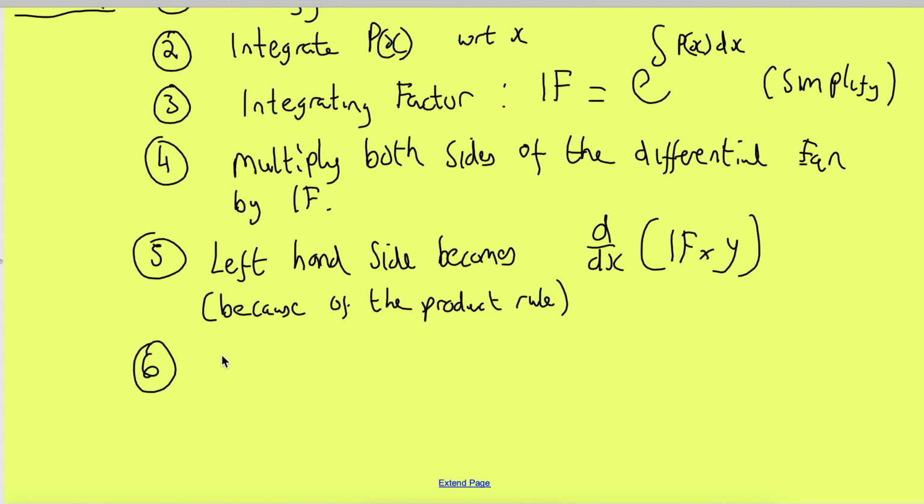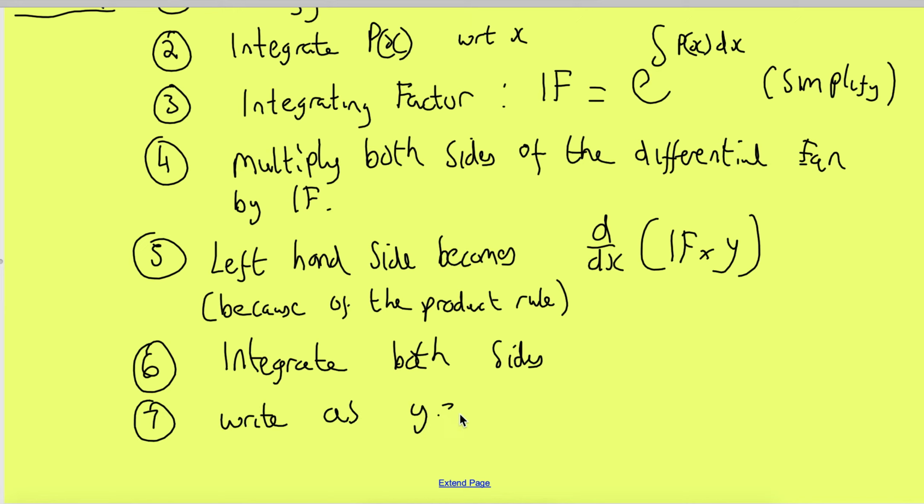I'm just showing you the process. You integrate both sides and you move stuff about so it becomes y equals something, just like we did with the separation of variables stuff.